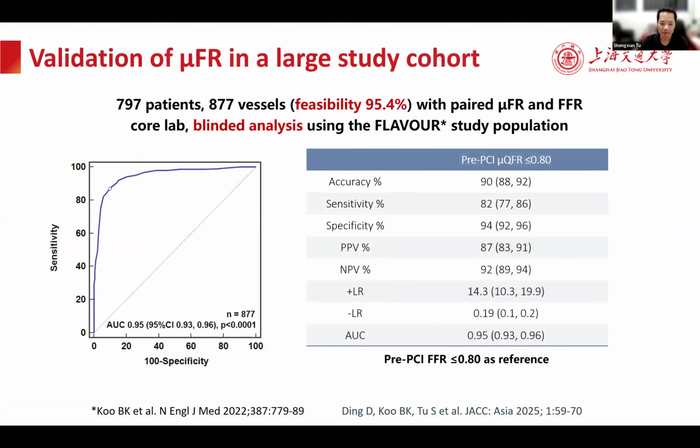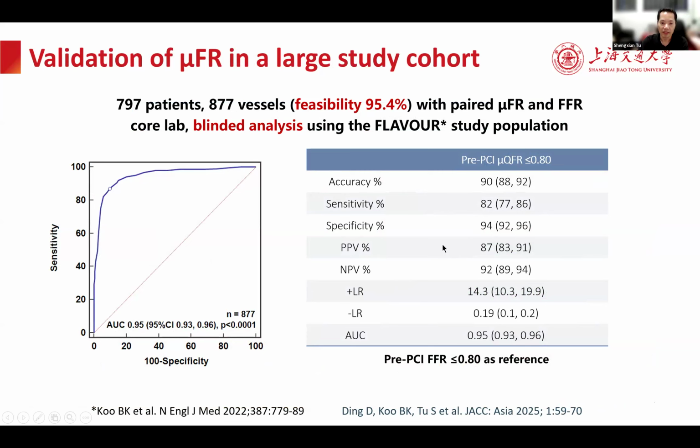So we further validated this solution in a larger population cohort, together with Professor Ku, using the FAVOR study. In the FAVOR study, one arm is FFR guided. So we analyzed all the angio blindly in our core lab and sent the data to Professor Ku in Korea, to compare with the wire-based FFR.